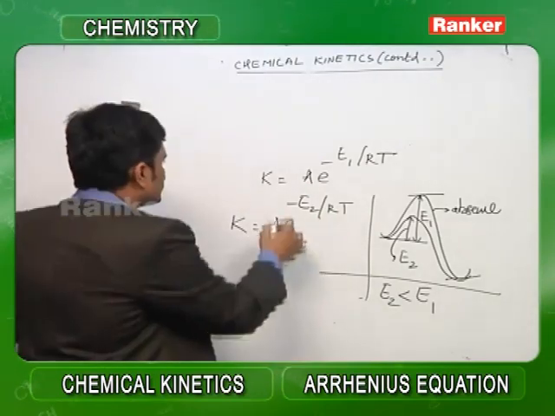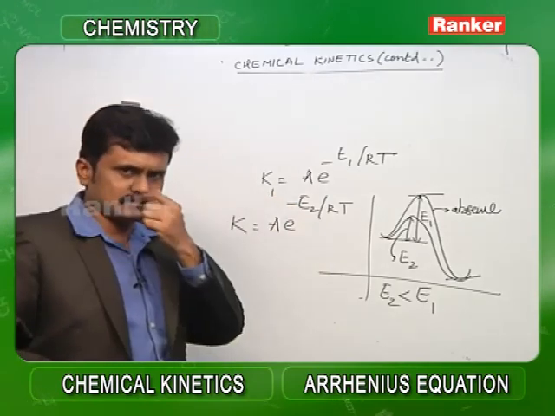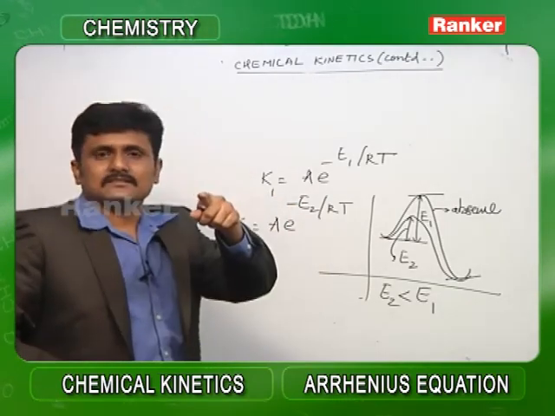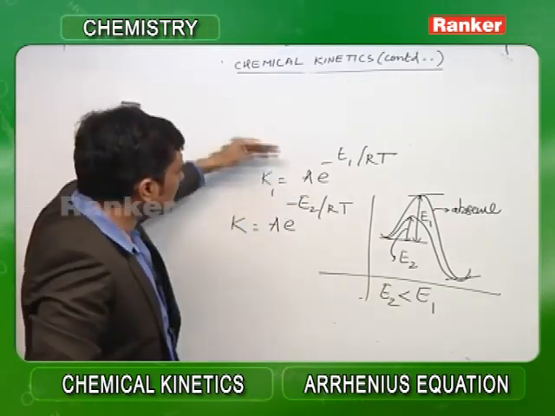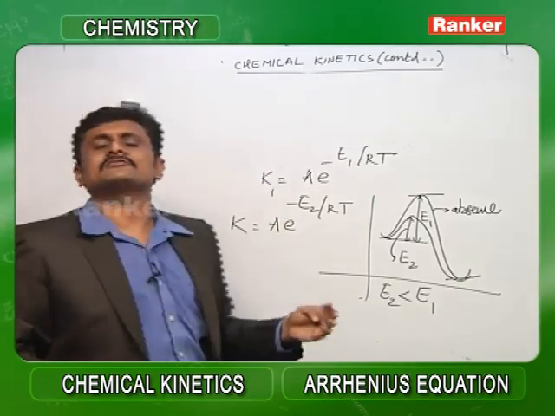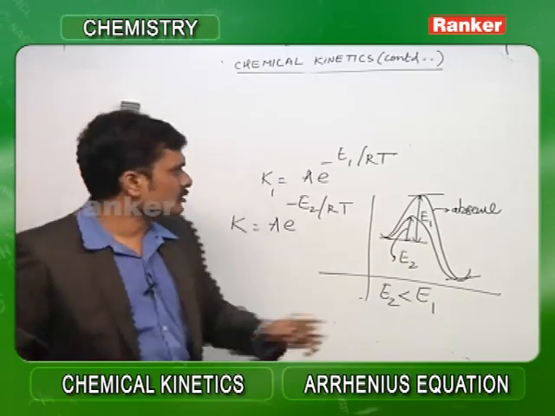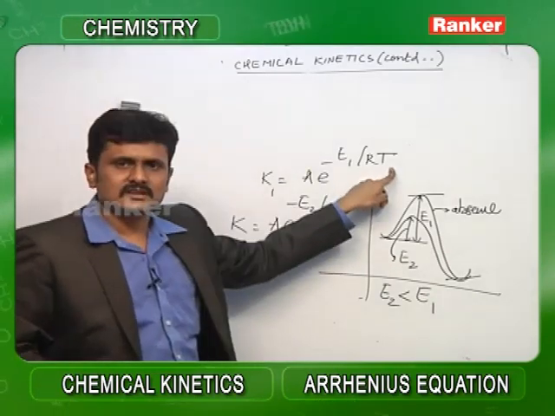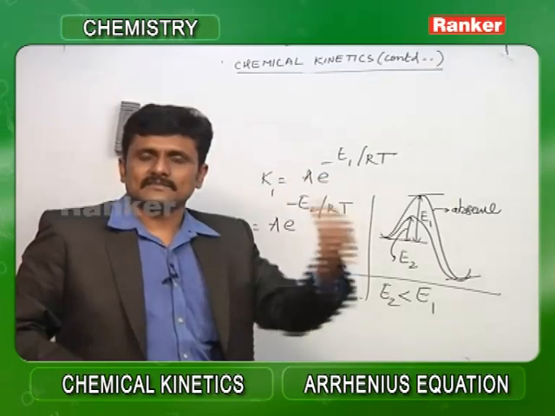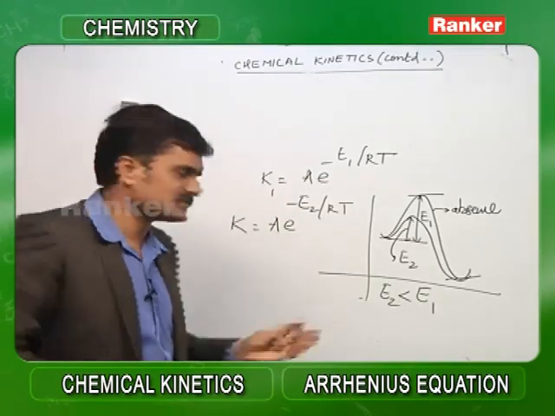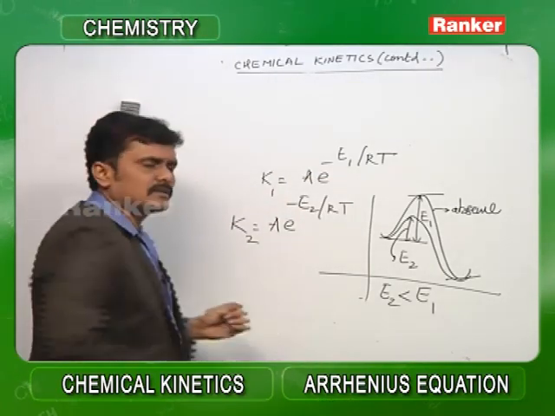So here if I say that the rate constant of the reaction is K1, listen, please try to understand, this is no longer the same reaction. This has changed. For a given reaction, obviously the K varies with temperature. But since the reaction itself has changed, we have changed the path itself, it will become K2.